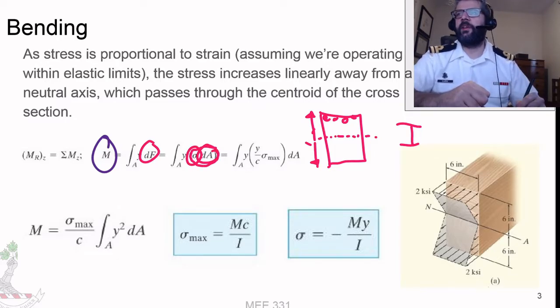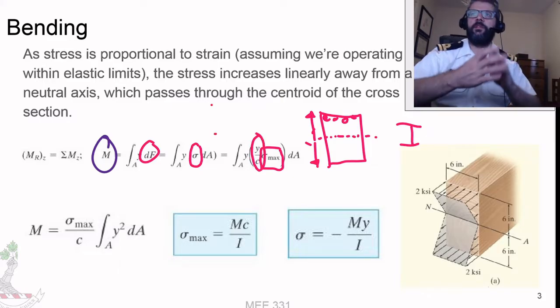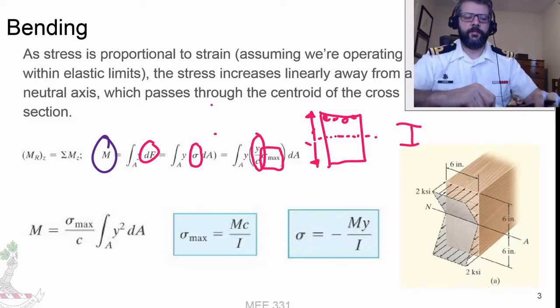And again, the stress here, because it increases linearly from the neutral axis, can be thought of as a function of the maximum stress that arises times this ratio of the distance from the neutral axis to the maximum point.